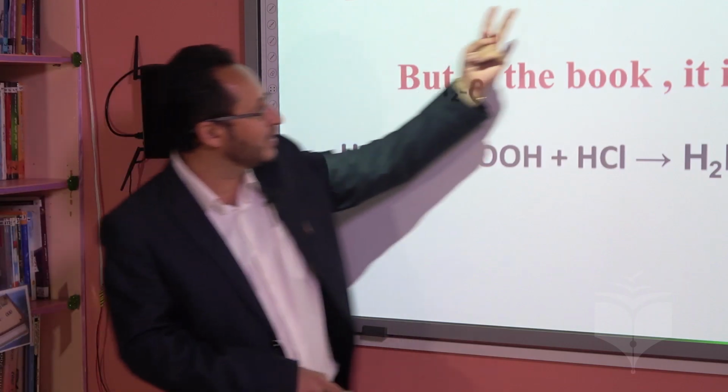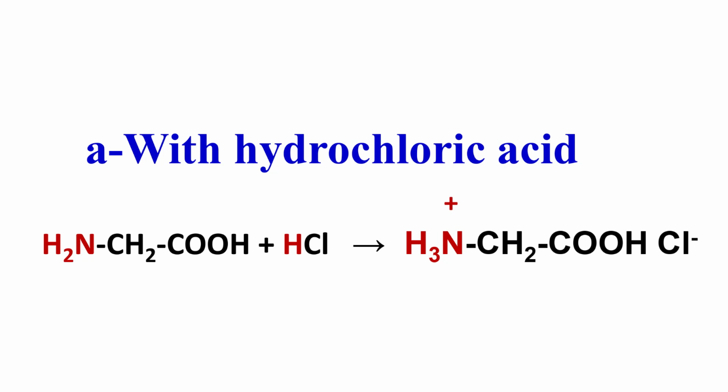Now here, look, this is in acidic solution. In the acidic solution, the amino group will react. Here we have NH2. This NH2 takes one hydrogen atom and gives us NH3+, because the pair of electrons are joined with the hydrogen atom, and the rest of the compound is CH3COOH. And here we have the negative chloride ion. You can write it at the end of the compound or beside this one.